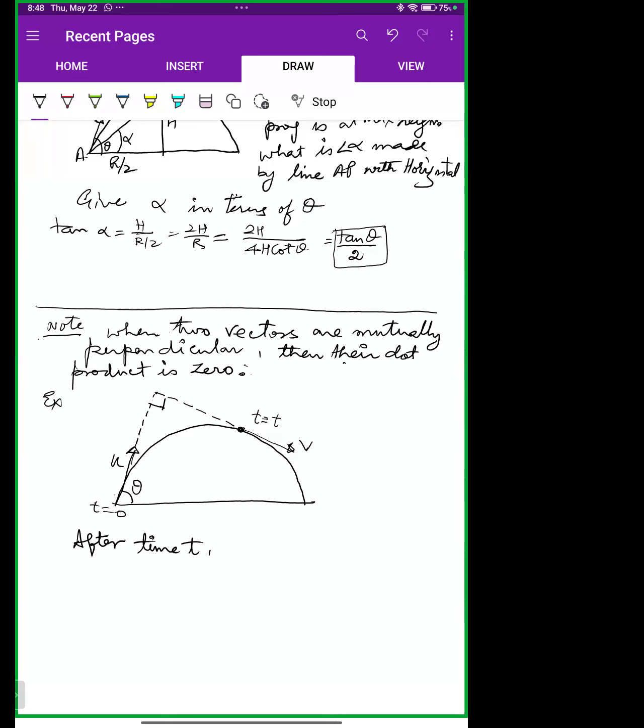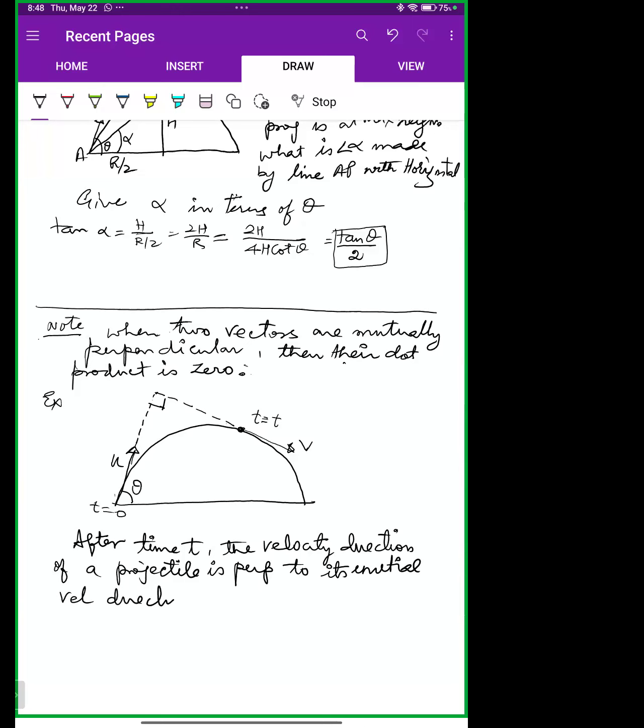After time t, the velocity direction of a projectile is perpendicular to its initial velocity direction. Find t.